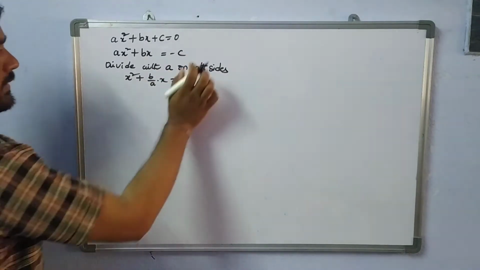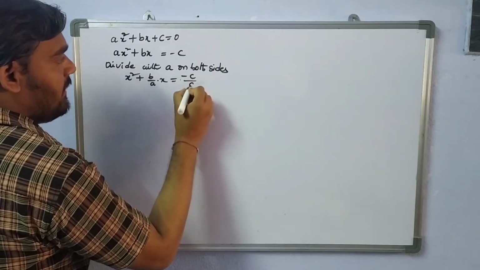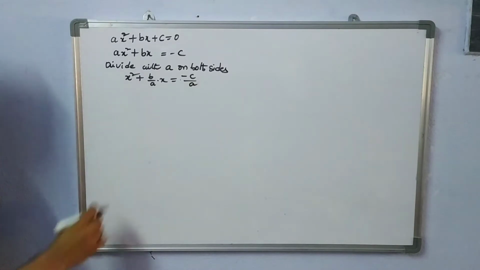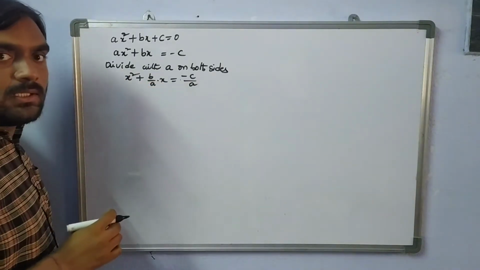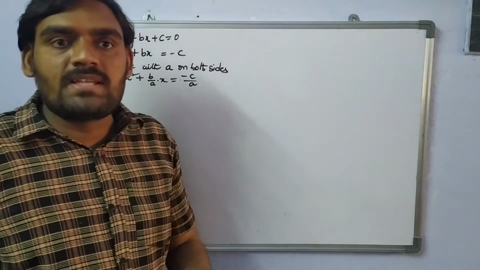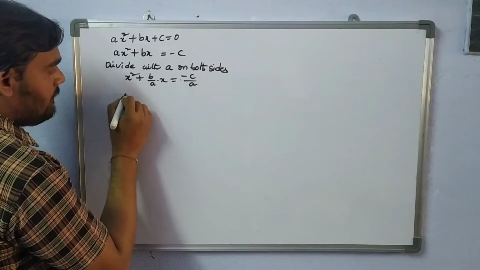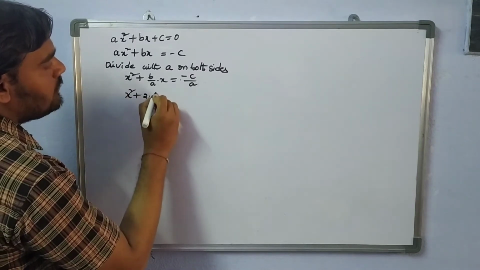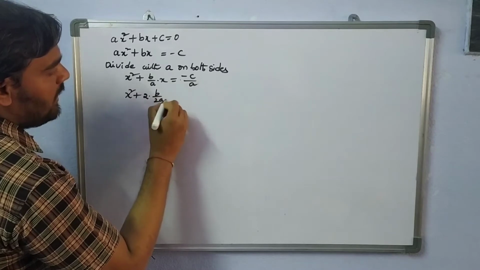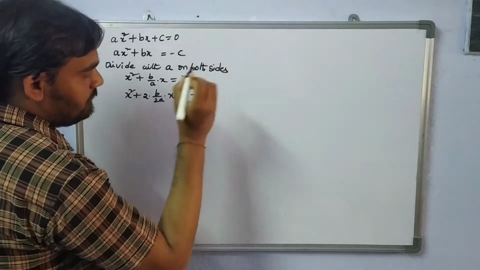Now here we got b by a. If you multiply by 2 and divide with 2, there is no change in this b by a. So here I am writing b by a as x square plus 2 into b by 2a into x is equal to minus c by a.